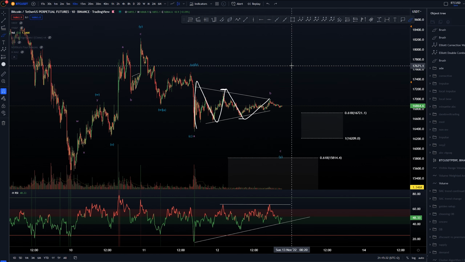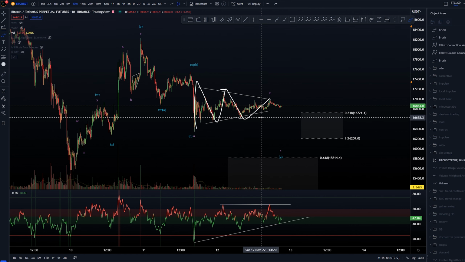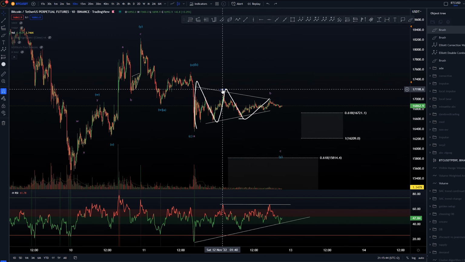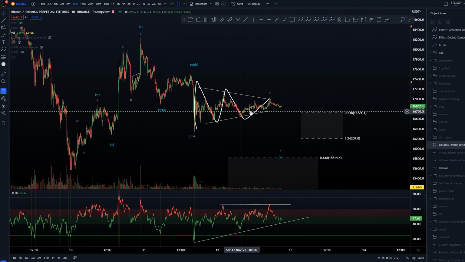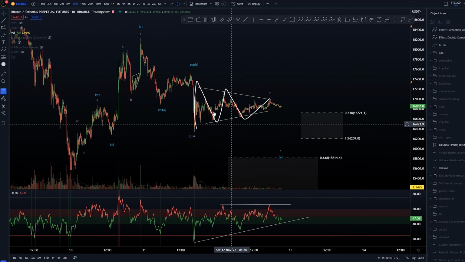Okay, and those are the two areas to look out for: 17.153 and 16.628. So I still keep both options open, but my preference is this downwards movement.